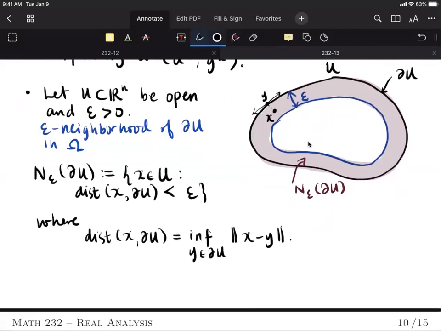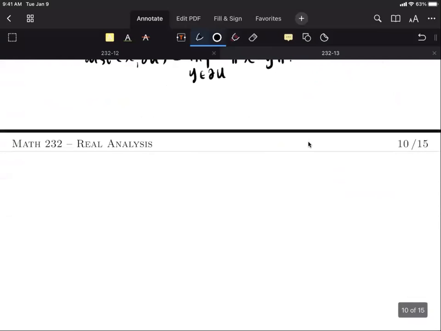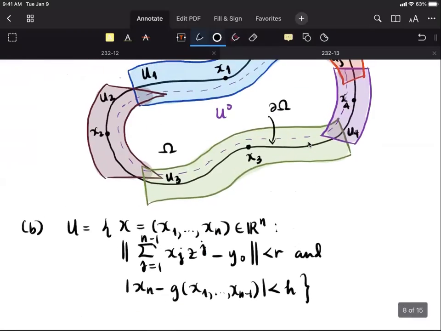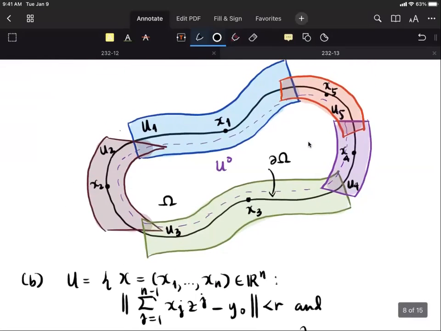Okay, so now with this, it can be shown that there exists a so-called partition of unity, call this phi k, k from 0 up to m. Okay, m here is the number of patches. So here we have 5 patches.